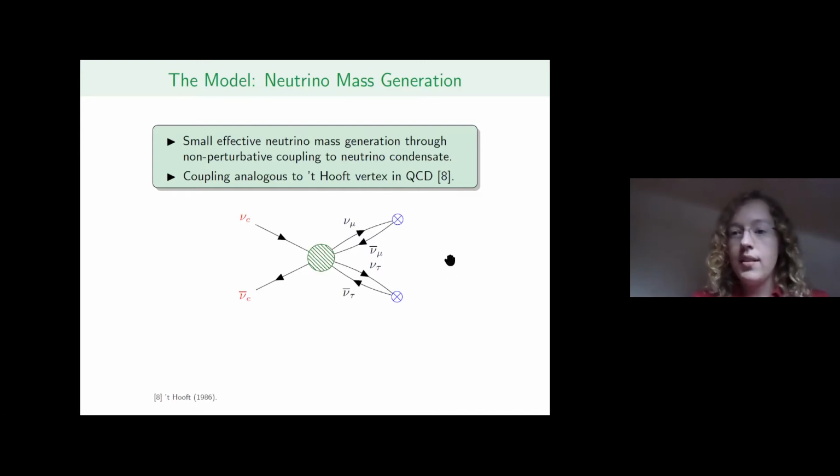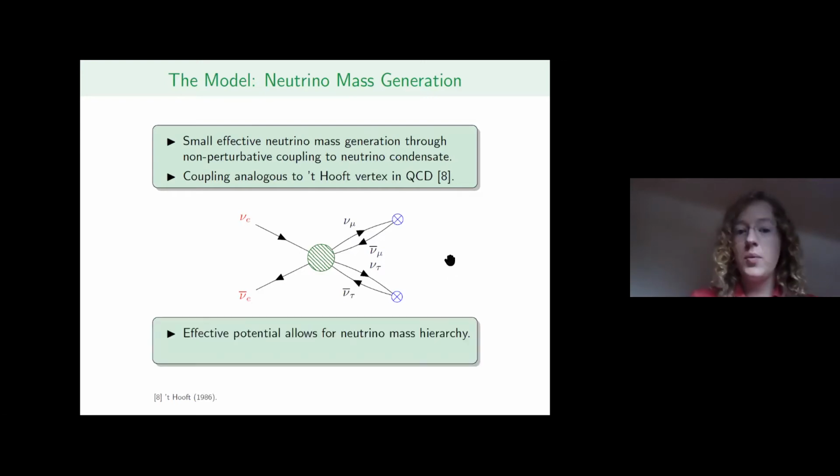So now you might ask the question, how can we get hierarchical neutrino masses if gravity is coupling equally to all the fermions? And the answer to this question is that it's a spontaneous symmetry breaking effect.